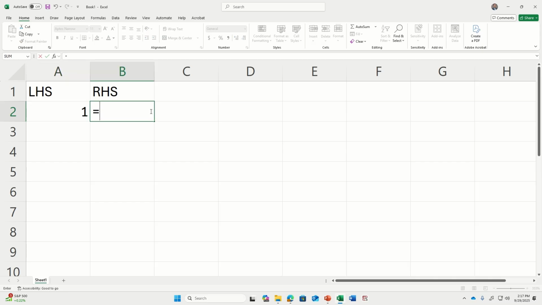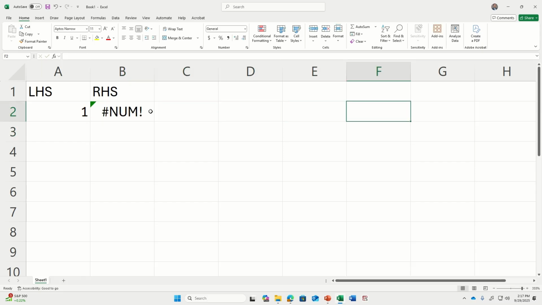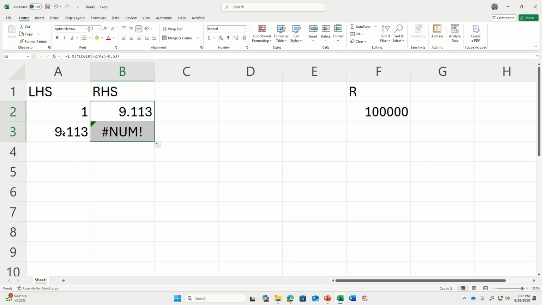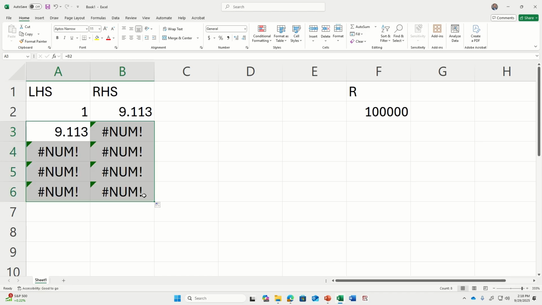And then for the right-hand side, it's going to be like 1.93 times log base 10 of R, whatever I want my Reynolds number to be, divided by x, minus 0.537. And then to get my new left-hand side, we just set it equal to the right-hand side, and I can just fill down these formulas and see what happens.